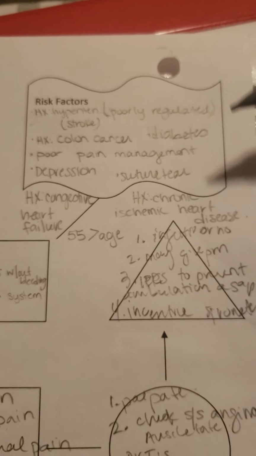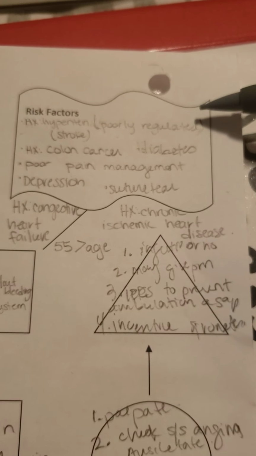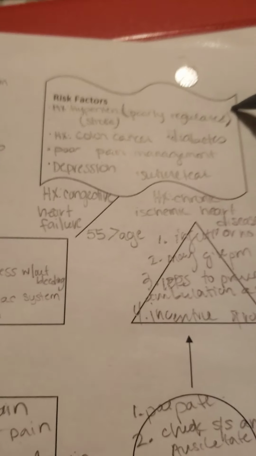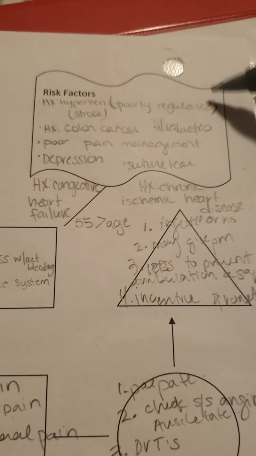Risk factors are because she has a history of hypertension, and it was poorly regulated. They were working on regulating it before surgery, so we'll probably continue to regulate after.